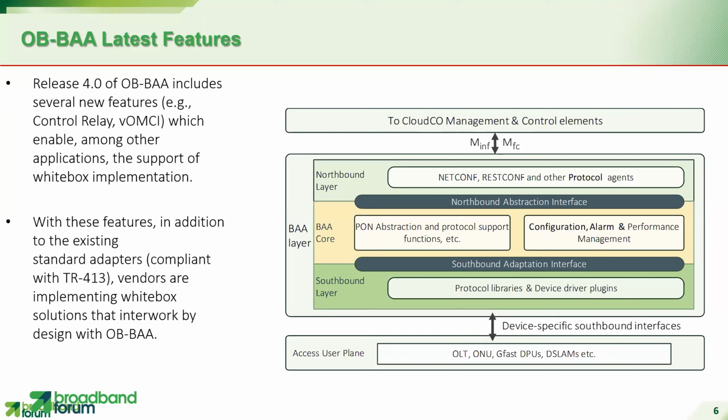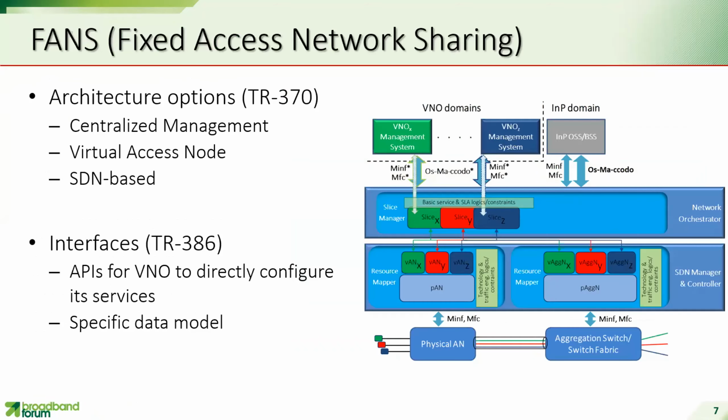Fixed access network sharing identifies a new type of virtual network operator, or VNO. It specifies the requirements associated with both the VNO and the infrastructure network provider sharing their infrastructure. This results in new service offering for the infrastructure network provider. It reduces the cost for small and virtual network operators.